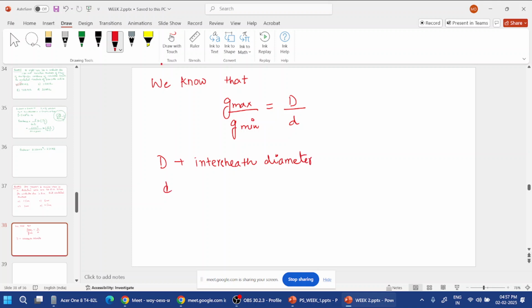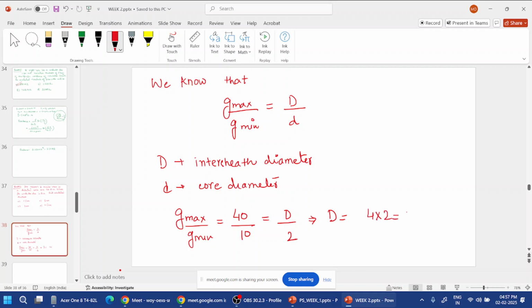Small d is the core diameter. So G max by G min is equal to 40 by 10, which equals capital D by 2. So we get D, the intersheath diameter, as 4 into 2, which is 8 centimeter.